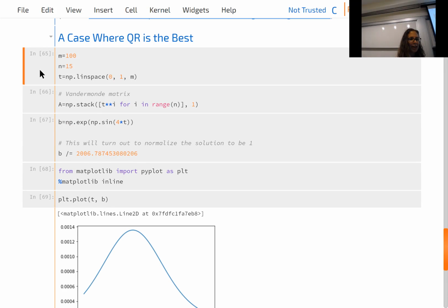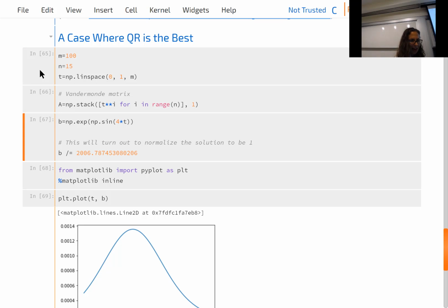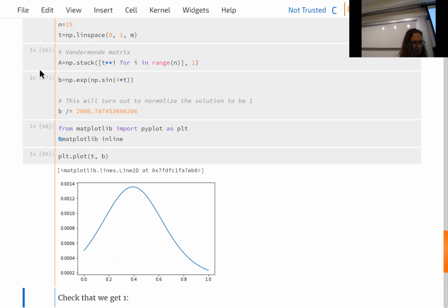Here I'm looking at another very specific type of matrix called the Vandermonde matrix. This is coming from an example in Trefethen. Trefethen tells us that if we normalize by this, he's calculated the true solution on a very high precision computer, and it should be 1.